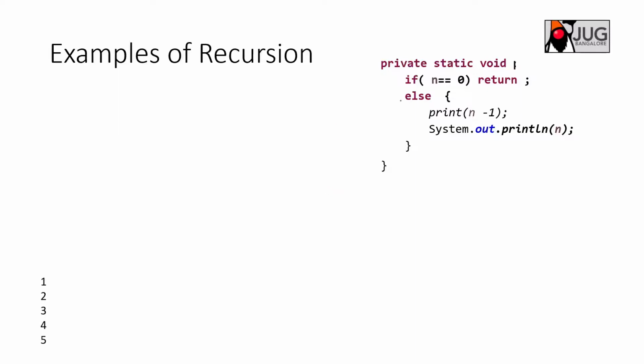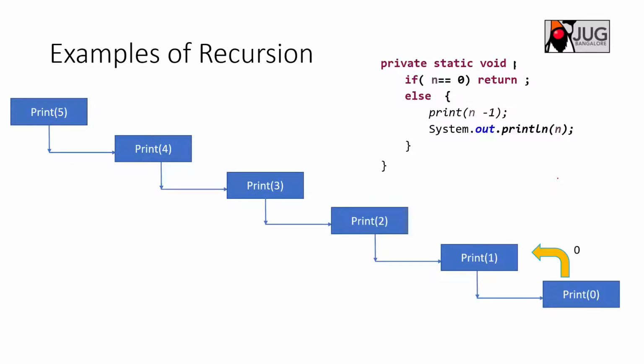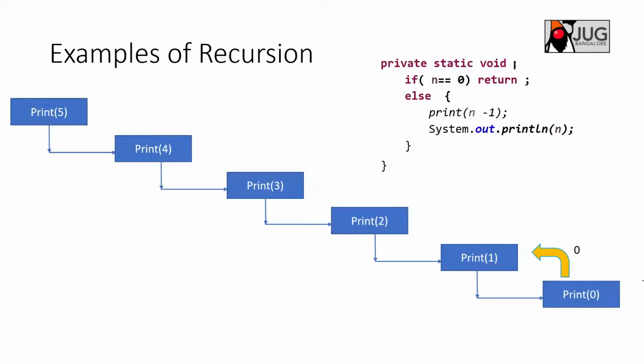Let's assume you don't have this base condition, or in case you miss this base condition, what happens, right? Here it calls print 0. Now you don't have a base condition. So it calls print of -1, right? n minus 1, 0 minus 1, which is -1.